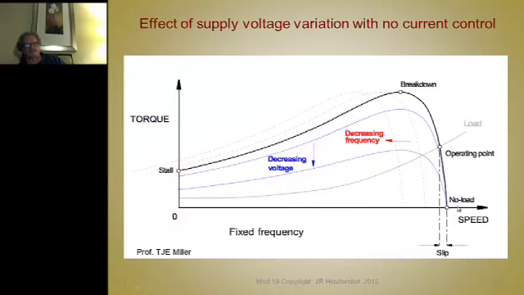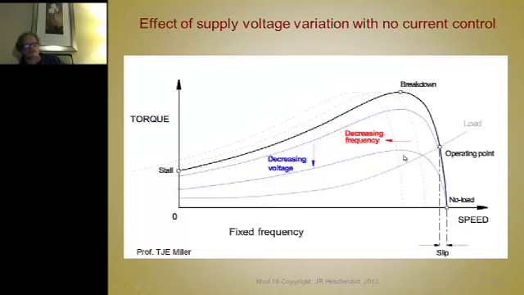If you increase the frequency, you'd have a family of similar curves that would have higher synchronous speed, but the slip would be about the same, and of course the operating points would occur at a different place. If this is a fan load plotted on this, and you increase the frequency, certainly the fan is going to go faster, but the faster you go, the higher the torque because of the shape of the load torque.